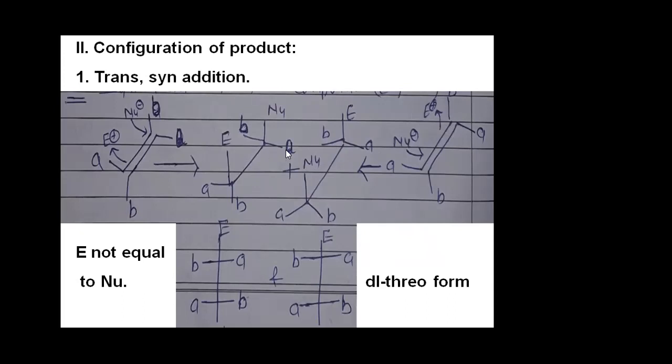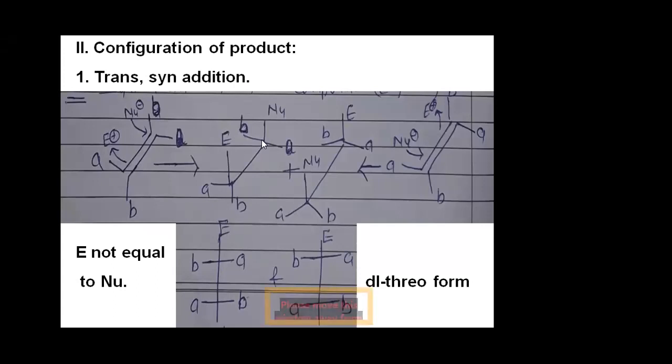Now after that, if you want to convert the eclipsed form into Fischer, then it's very easy. For interconversion of the eclipsed Sawhorse projection formula into the Fischer projection formula, we need to convert our compound in eclipsed form.